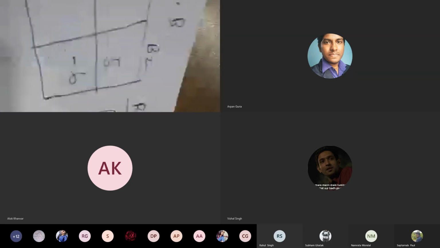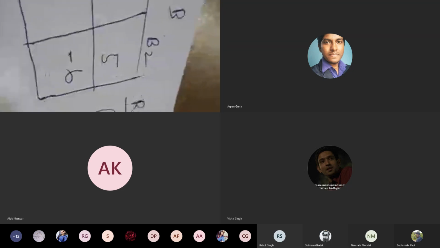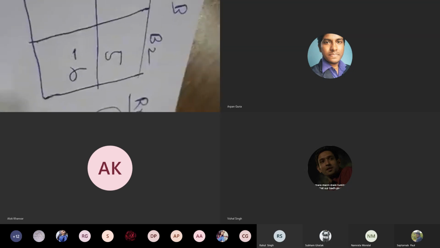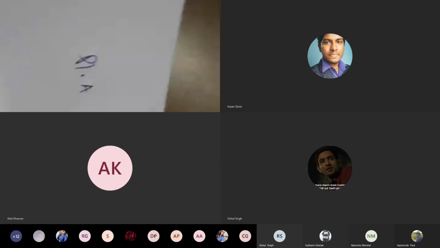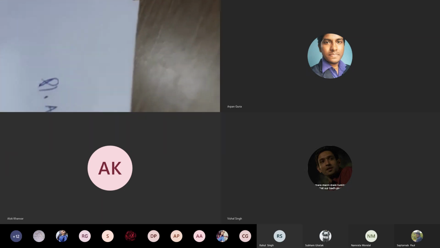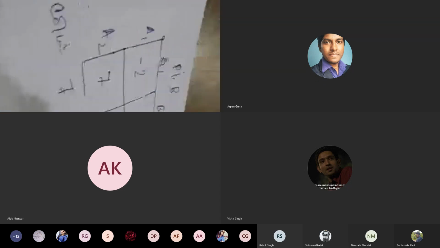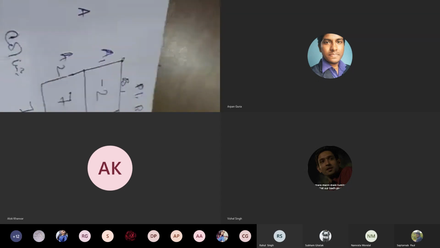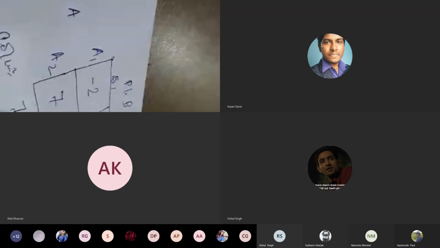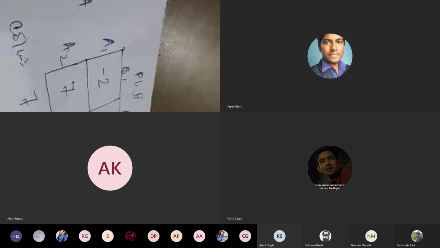Now from the first column the maximum is 7, and here 5 is the maximum value, and then the minimum out of the maximums gives you the minimax value.